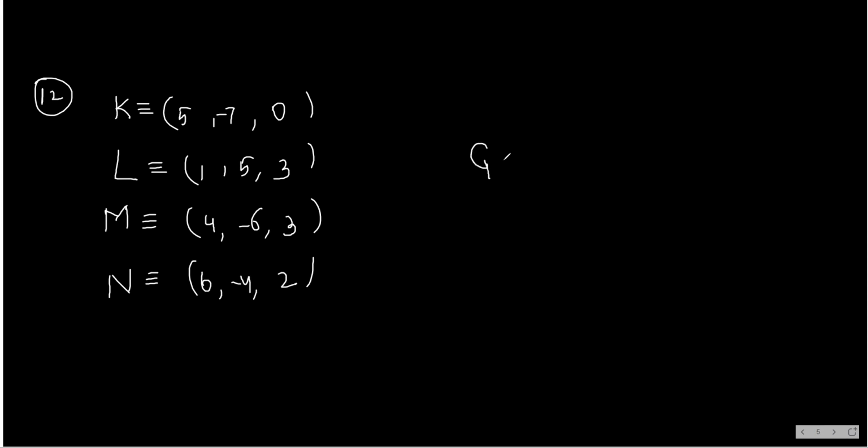So I will assume let G be the centroid of the tetrahedron, and let G be (x1, y1, z1). So what is x1 equal to? For the x coordinate of the centroid, you will add all the x coordinates of the vertices and divide by 4.